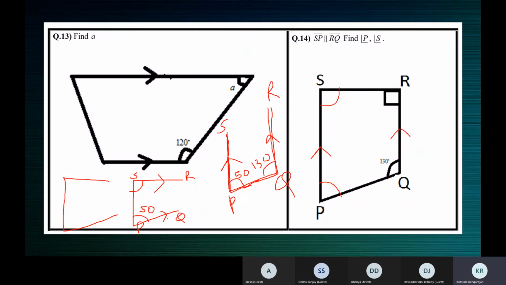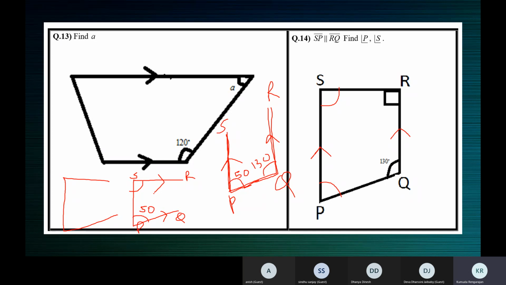Is SR parallel to PQ? No, ma'am. It's not given. SR is not parallel to PQ. Then P and S are allied angles, but they are not supplementary. By position they are allied angles, because we can see two lines intersected by a transversal.